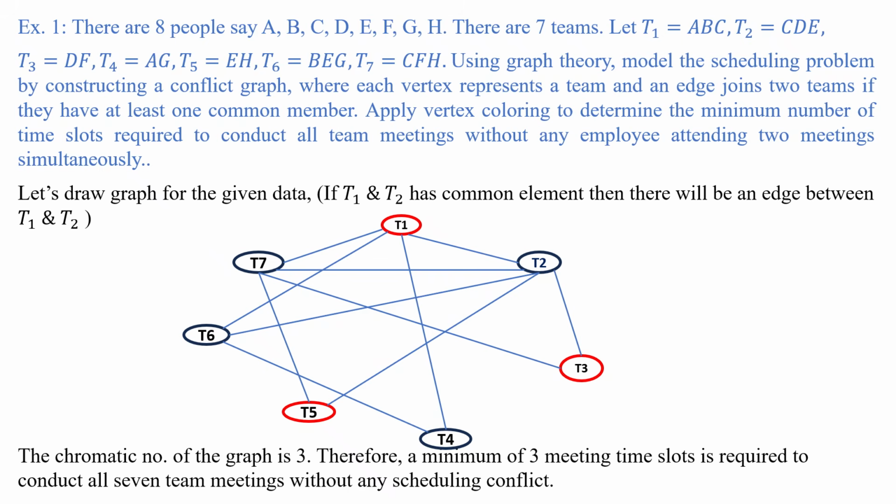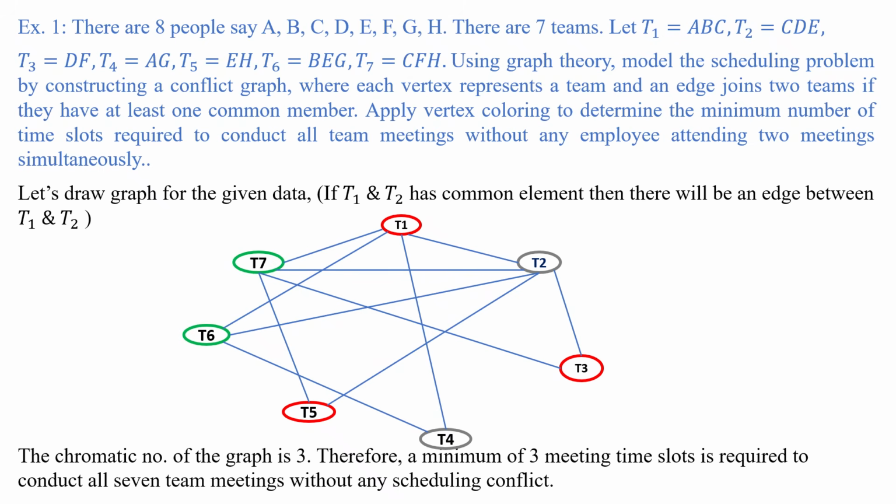So now we are going to give the colors for the vertices, and the condition is no two adjacent vertices should have the same color. So here T1, T3 and T5 are non-adjacent vertices. Let me consider red color for these. T2 and T4 are non-adjacent vertices, so black.